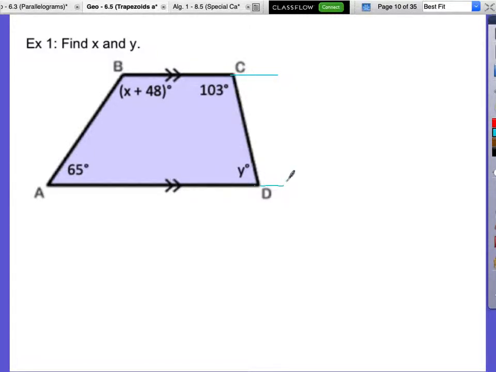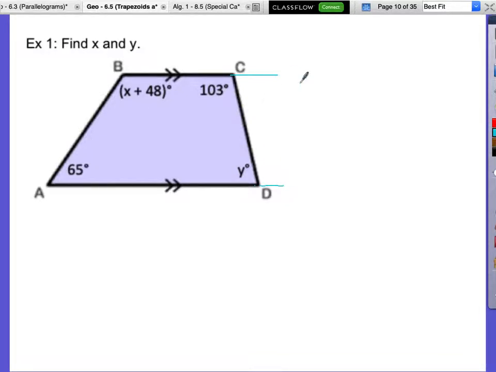What kind of angles would these be? Same side interior, and so they should be supplementary. Because this would be a pair of leg angles, would they be supplementary? Yeah. And would these two also be supplementary? Yeah. And that's why they're supplementary, because they are same side interior angles.